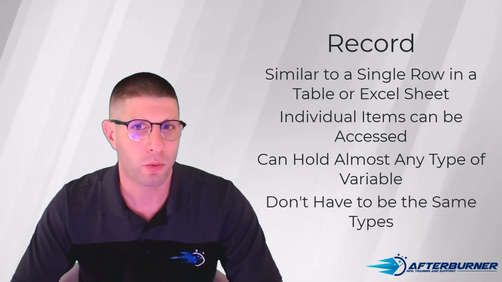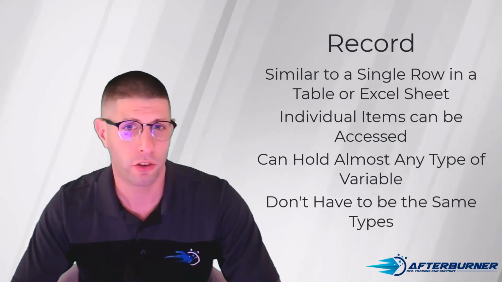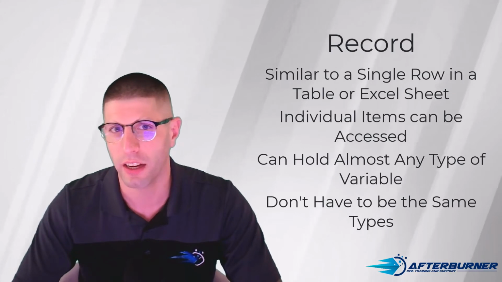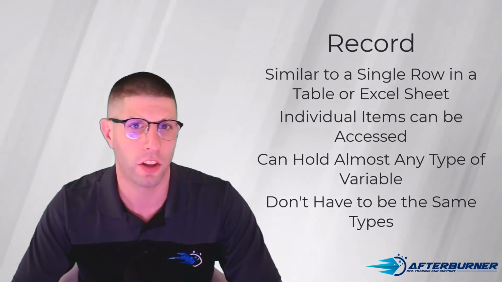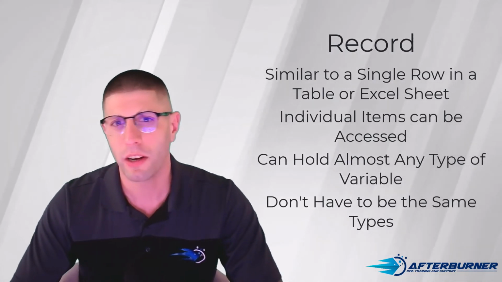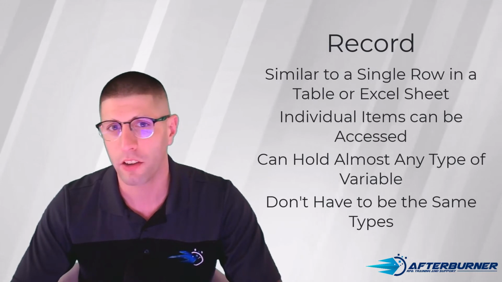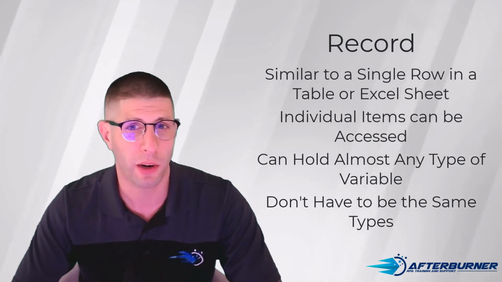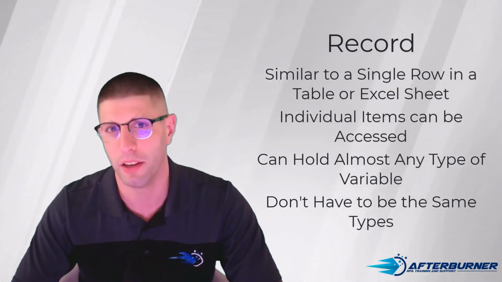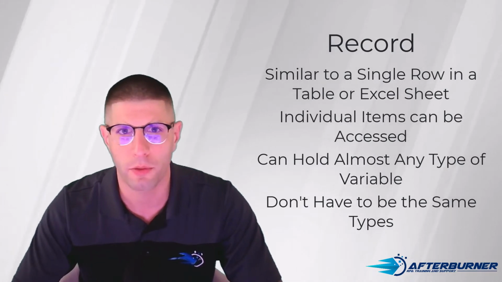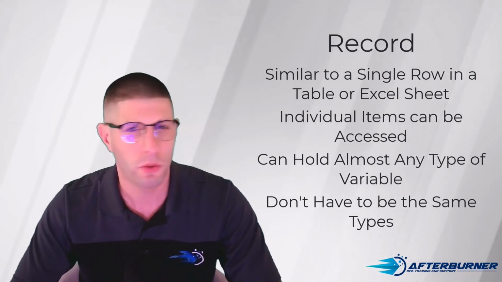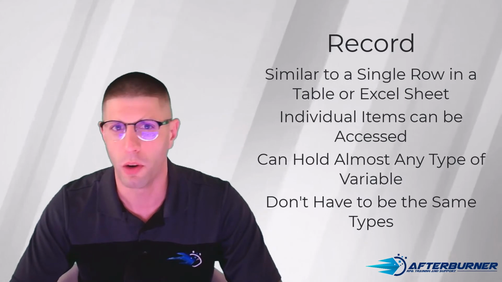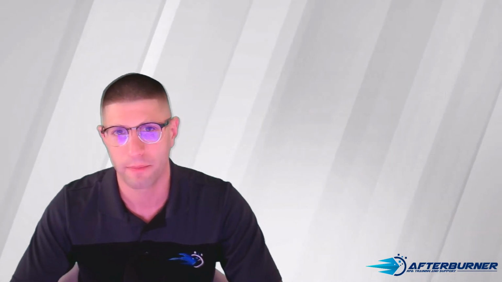That means you can have a record variable with a string in the first position, a credential in the second position, and a datetime variable in the third position. Record variables can even store other record variables, but the trade-off is that record variables are extremely limited when you compare them to lists in terms of what you can do with them. We'll talk more about that in the Record 201 course later on in this track.